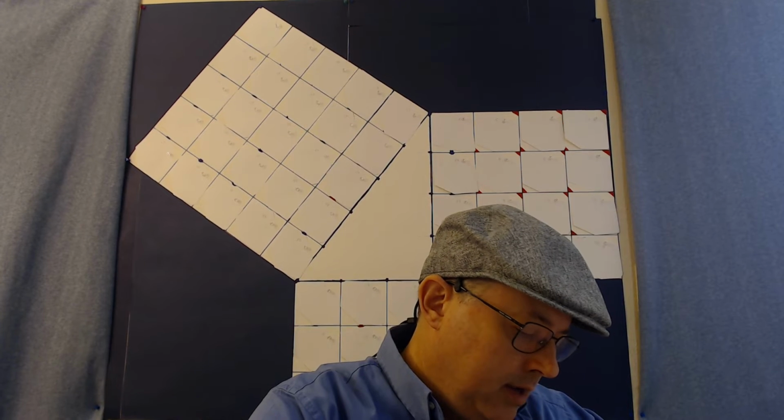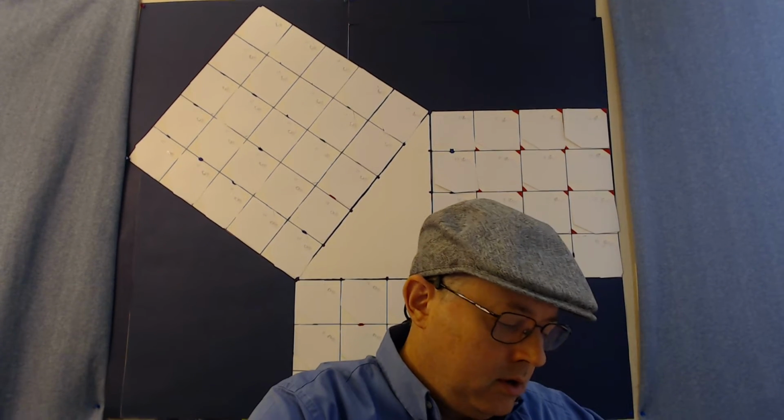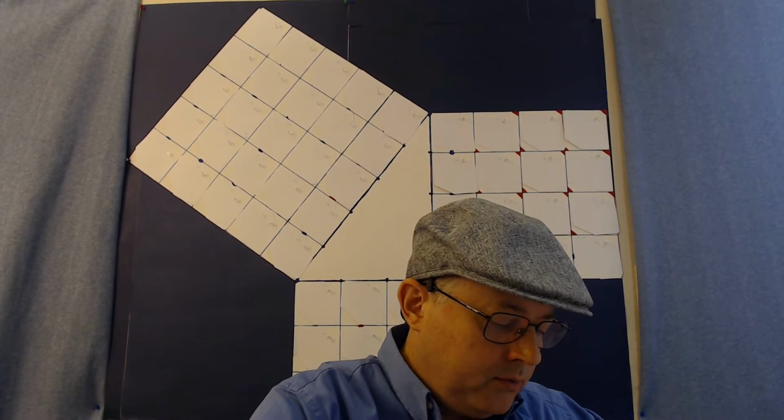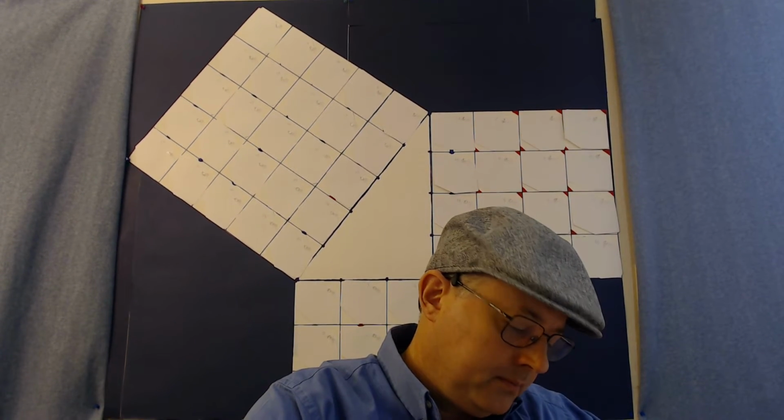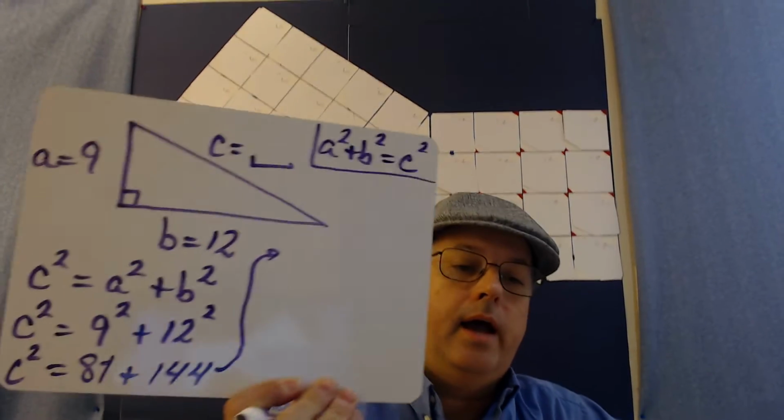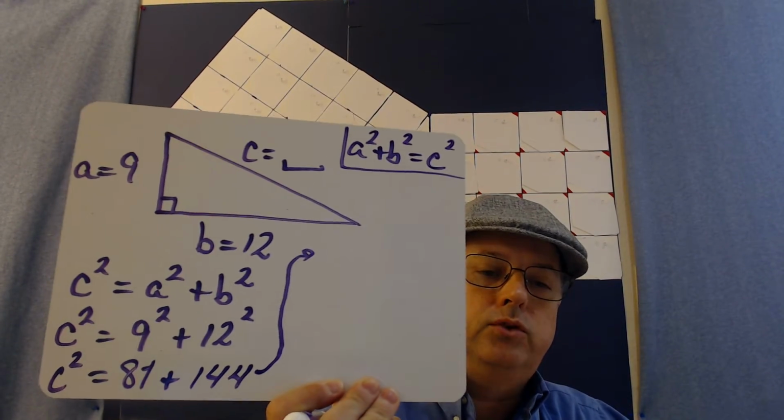And then let's substitute in the values. C squared equals 9 squared plus 12 squared. And then 9 squared is 81. And 12 squared is 144. And then we want to add those values together.